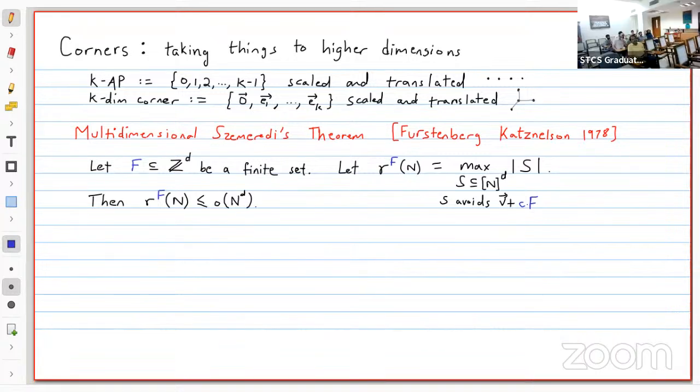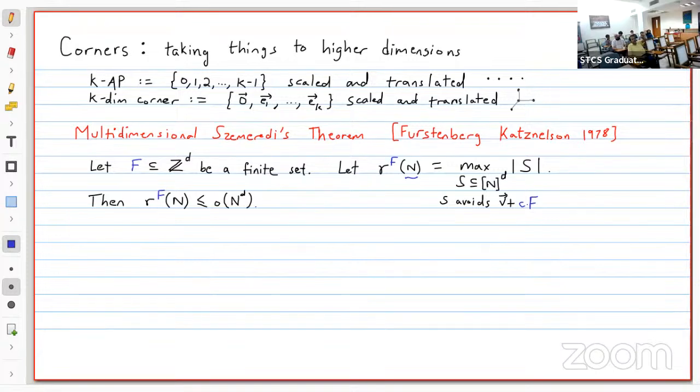So should we think of little d as a constant here, or should we think of it as a goal? Sorry, think of what as a constant? Little d compared to capital N. Oh, little d is a constant, yes. F is a fixed shape. So since it's a finite set, N doesn't appear there. Okay. So sorry, this is not the corner.